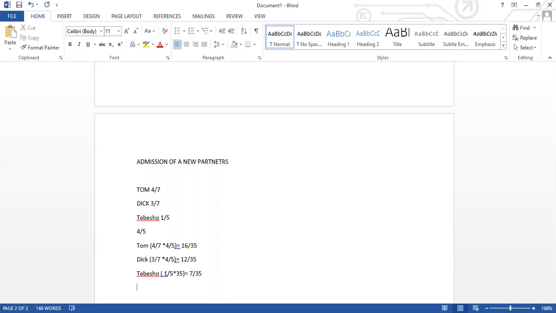So I advise that you look for a lot of activities and try to calculate your new profit sharing ratio. If you find an activity that you are struggling with, you private me, I will help you out. Because if your profit sharing ratios are wrong, then most of your journal entries will also be wrong, especially with the admission of a new partner.